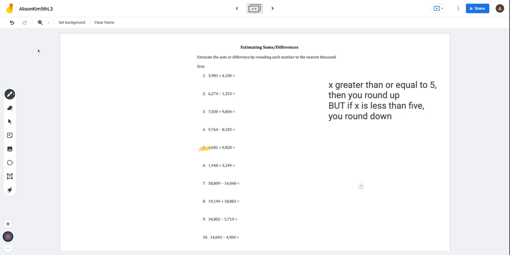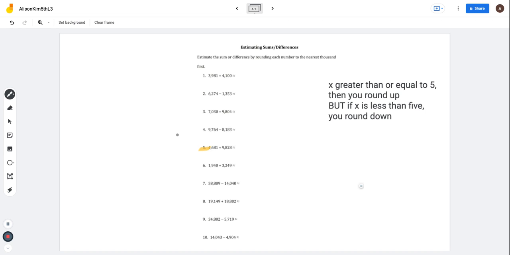I wrote that when x is greater than or equal to 5, you round up. But if x is less than 5, you round down. And once you're done rounding, just make sure to put zeros behind it, unless you're rounding the ones place, which is not often.